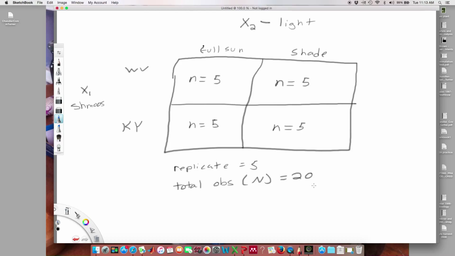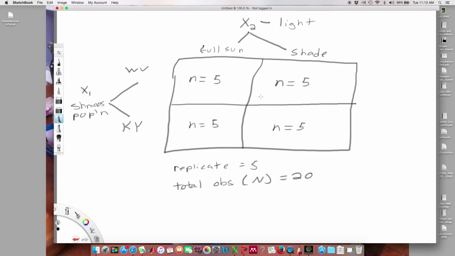Okay, so just to go back over this to make sure it's clear, our first independent variable, x1, is shmoo population, and we had 2 levels, West Virginia and Kentucky. Our second independent variable was light availability, and we had 2 levels, full sun and shade.